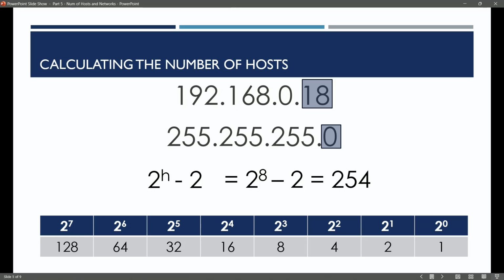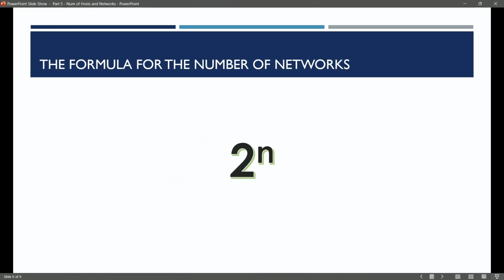So when I saw the address and mask combination on my laptop of 192.168.0.18 with that 24-bit mask, I need to know that, sure enough, my little home office network can accommodate 254 different hosts.